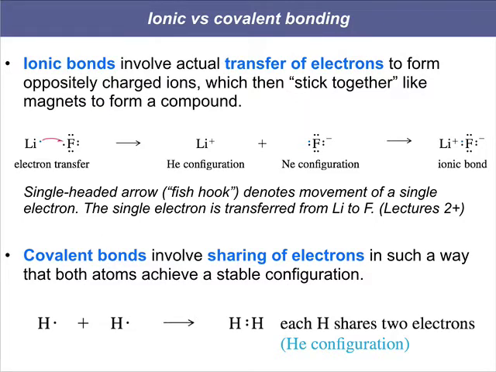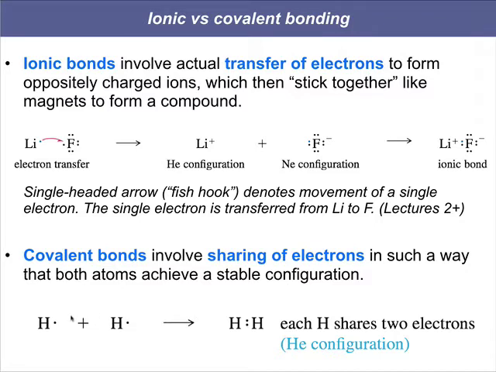Okay, covalent bonds, on the other hand, instead of transferring electrons, covalent bonds would be where we are sharing electrons in such a way that both atoms that are sharing those electrons achieve a stable configuration, right? So if we look at hydrogen, here's hydrogen with 1 electron, hydrogen again with 1 electron.